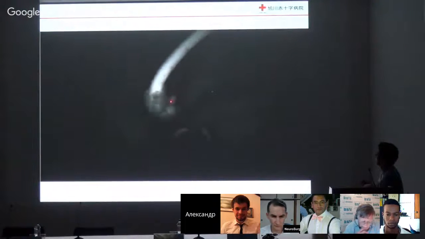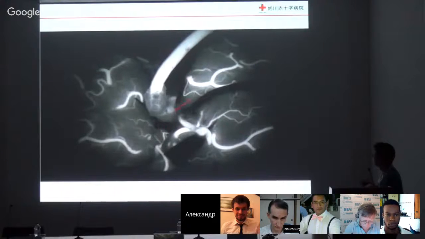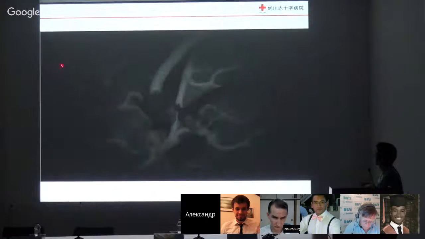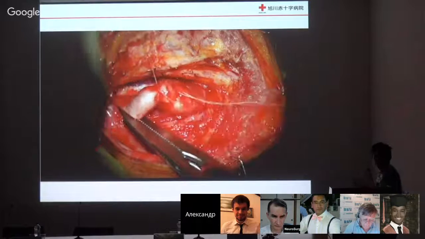Also, ICG is useful to confirm graft patency. Then finally, ligate the ICA.